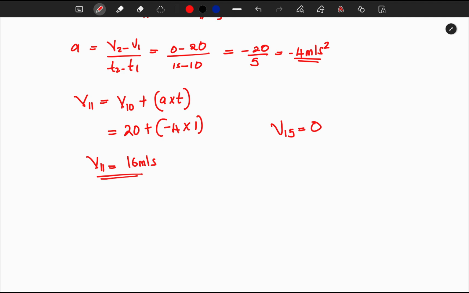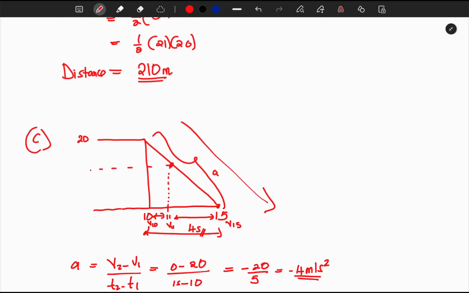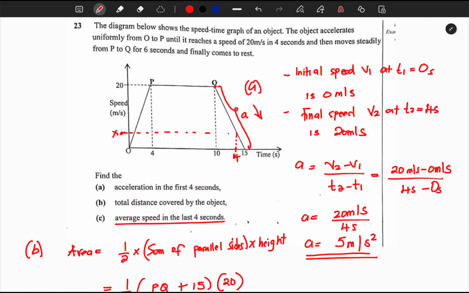So we add these for the average, then divide by 2 because there are only 2 of them, and that is going to give us the speed that we are looking for. Which is true because somewhere here between 11 and 15, you're likely to get a lower speed, which is 8 meters per second. So this is how this question was supposed to be done.